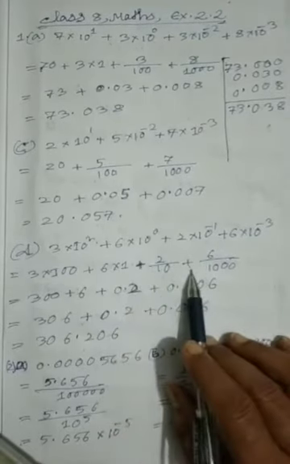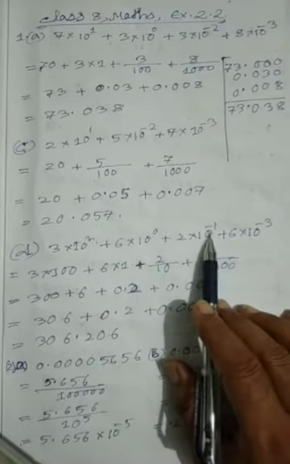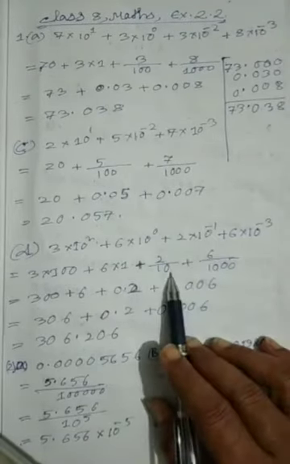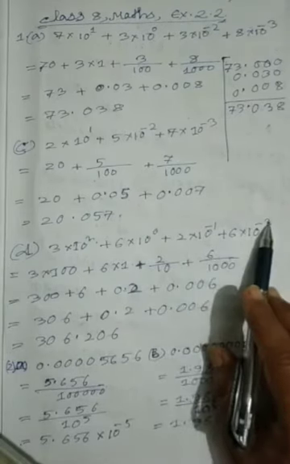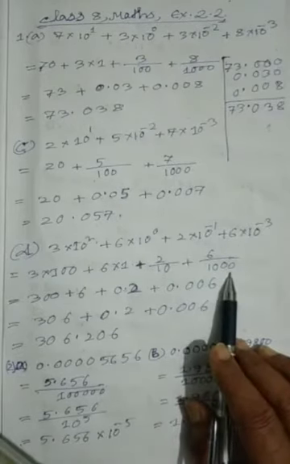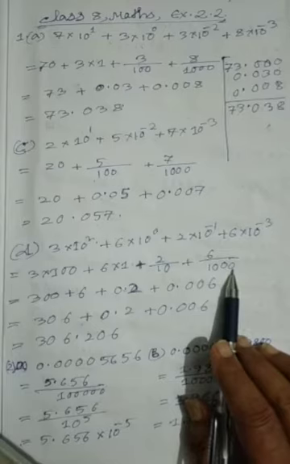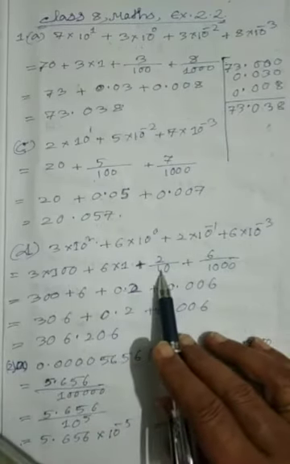Plus 2 by 10. 10 to the minus 1 means 1 by 10 to the power 1, and 10 to the power 1 means 10 only. Plus 10 to the minus 3 means 1 by 10 cube, that is 1000. Now 300 plus 6 ones are 6, plus 10.